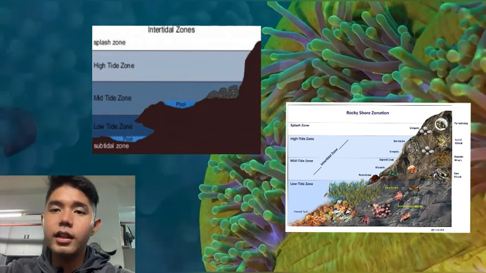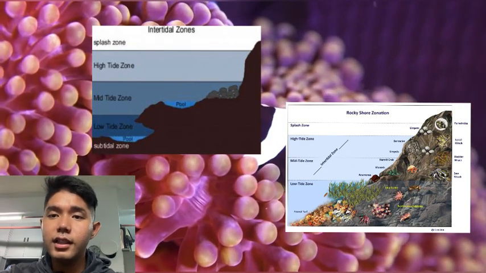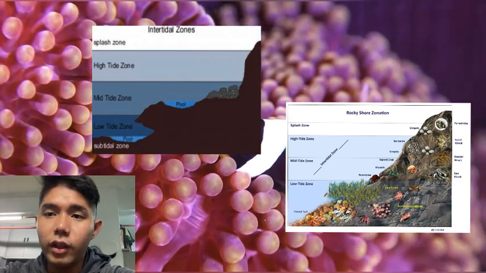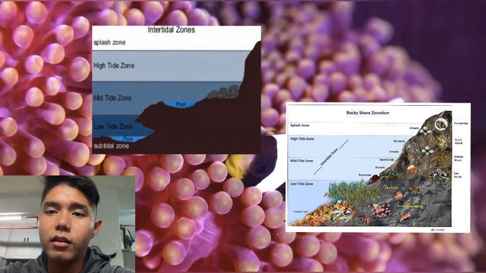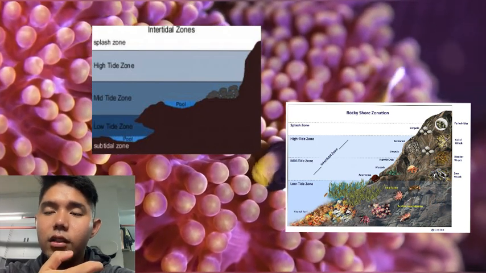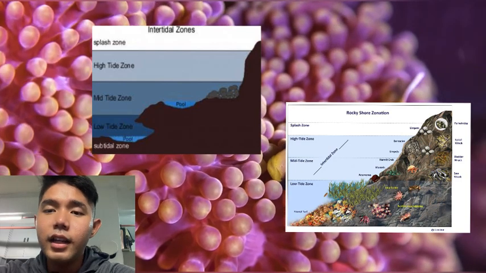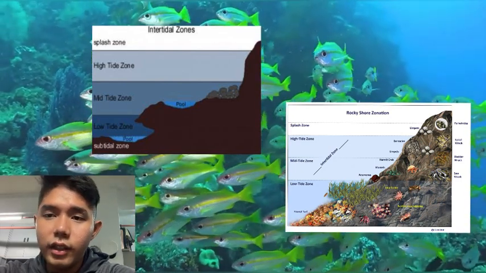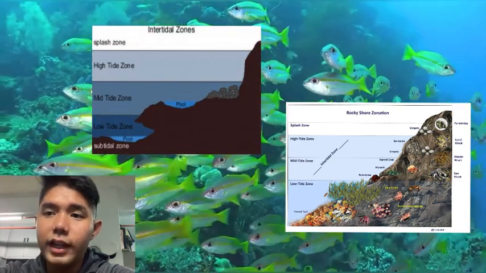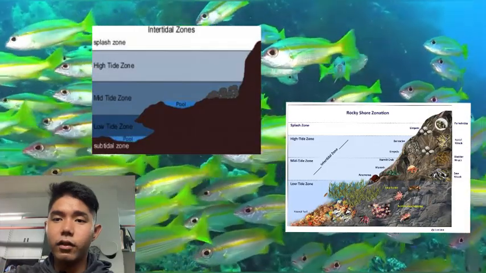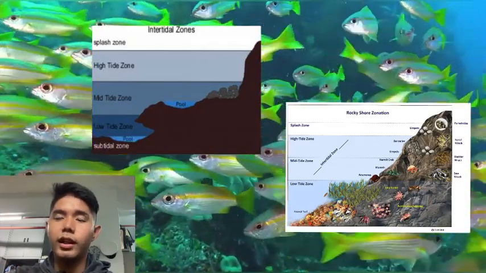The spray zone is dampened by ocean spray and high waves and is submerged only during very high tides or severe storms. And the high intertidal zone floods during the peaks of daily high tides but remains dry for long stretches between high tides.